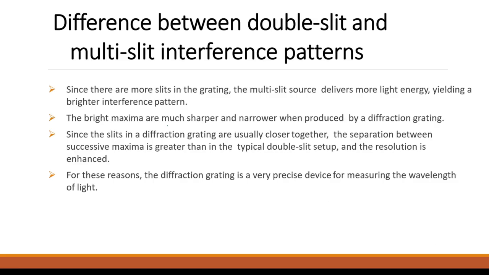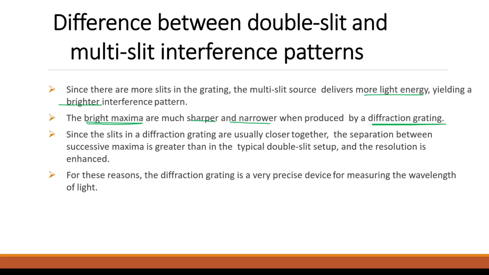So the difference between double slit and multi-slit scenarios is, since there are more slits in the grating, the multi-source delivers more light energy, yielding a brighter interference pattern. The bright maxima are much sharper and narrower when produced by these diffraction gratings.